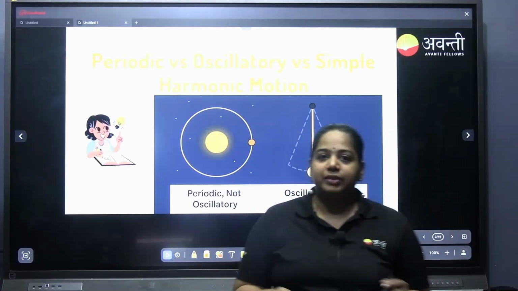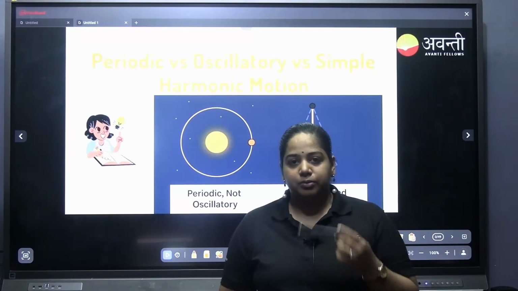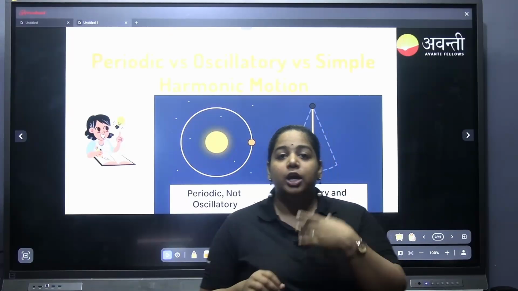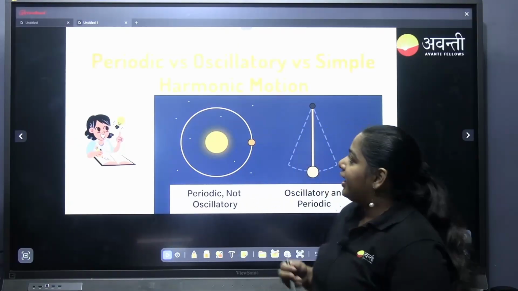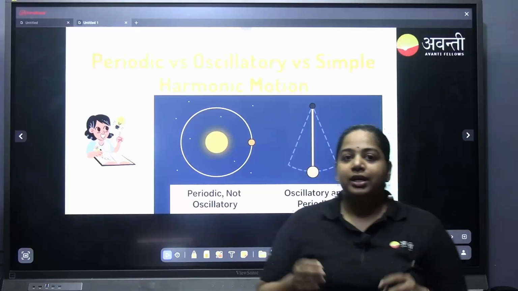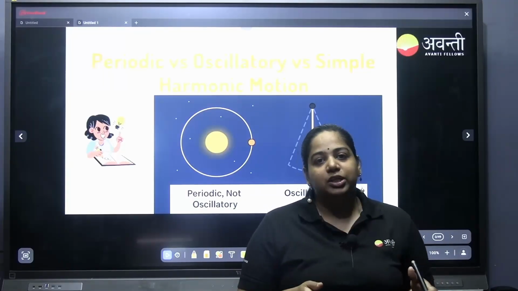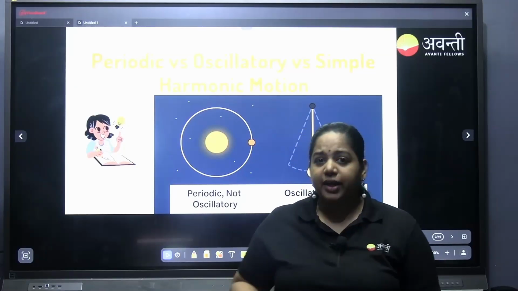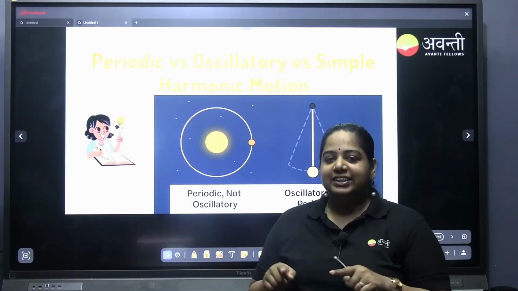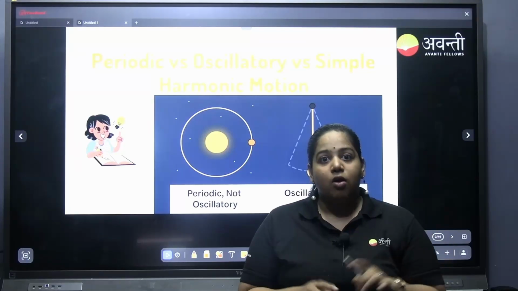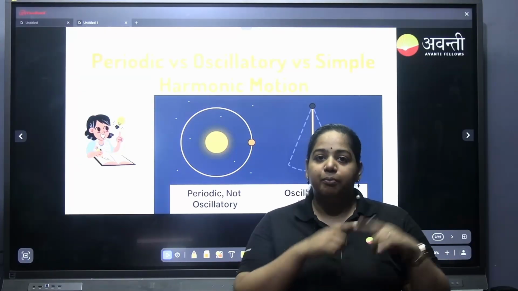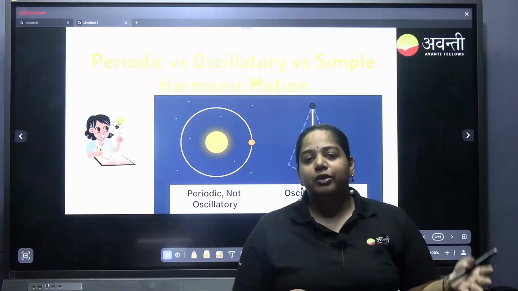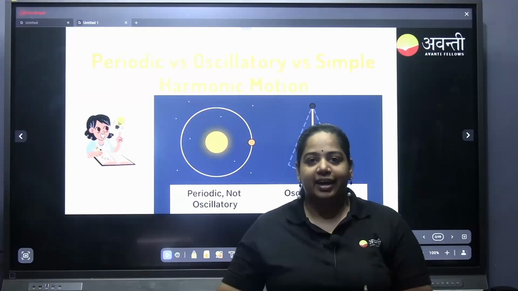Oscillatory motion is to and fro motion, and simple harmonic motion is a part of oscillatory motion having some specific conditions. So all SHM are oscillatory motion, all oscillatory motion are periodic motion, but all periodic motion are not oscillatory and SHM.